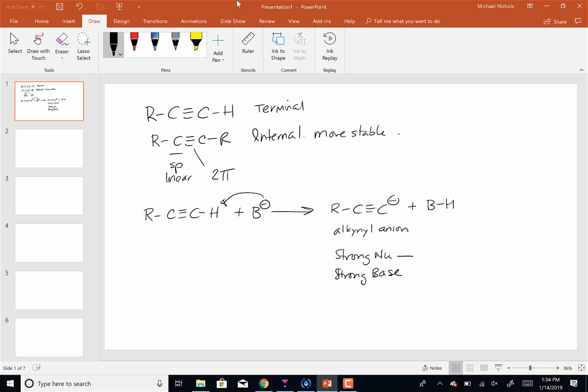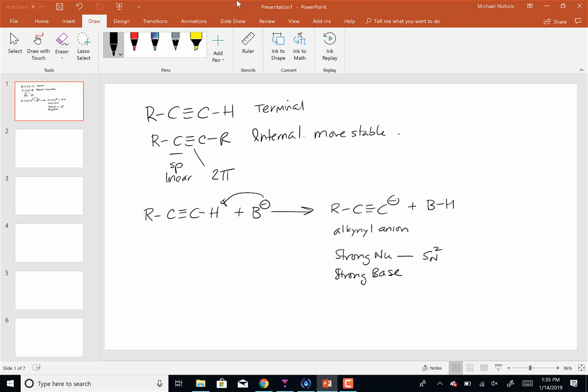Which means that if it's a nucleophile, what kind of reactions can it do? It can do SN2 if it's strong. We could do SN1, but primarily it's going to do SN2. And then when it's a strong base, it's going to do what reaction?